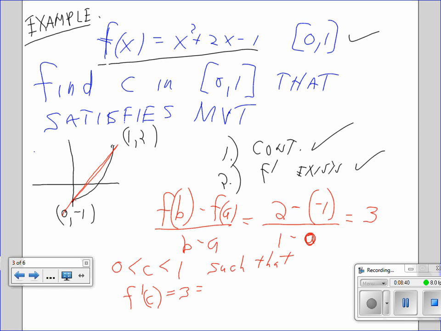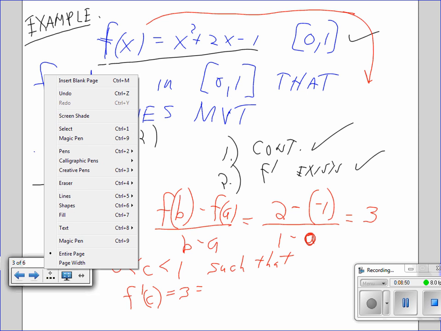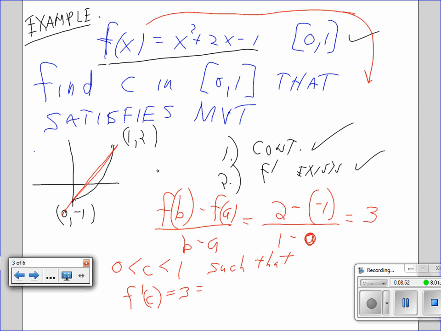Well, what is f prime? Maybe I should change colors a bit here. F prime of x is equal to 2x plus 2. So 2x plus 2 equals 3.